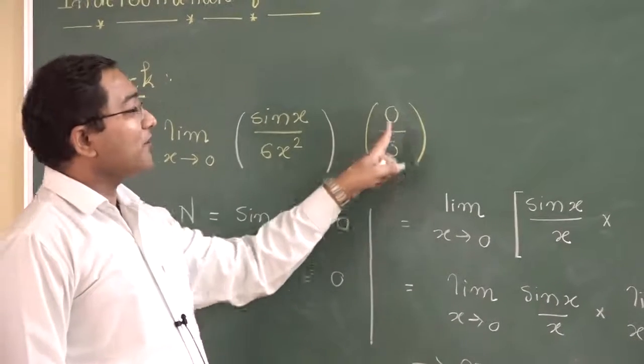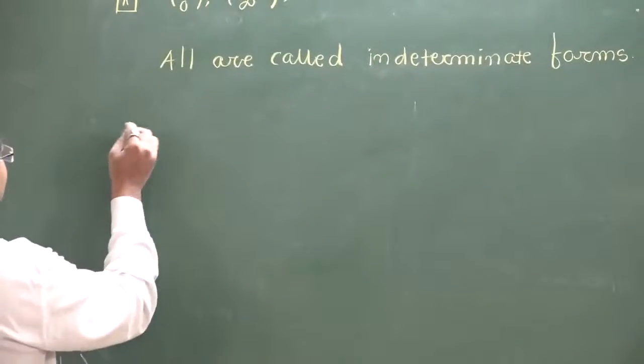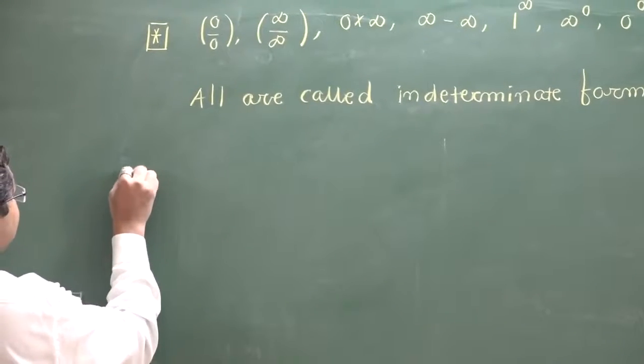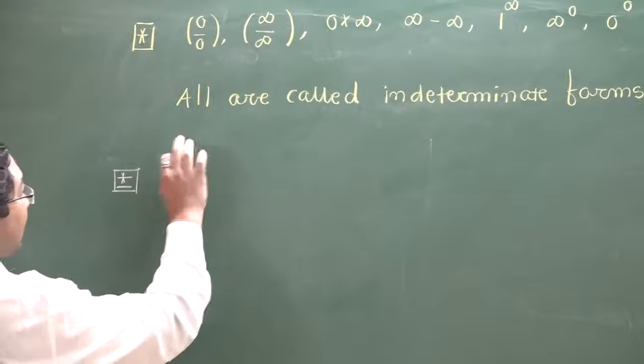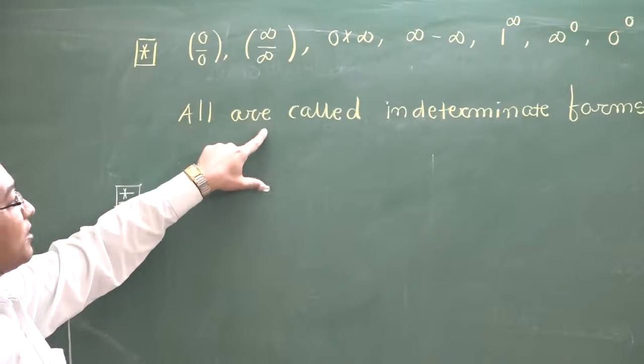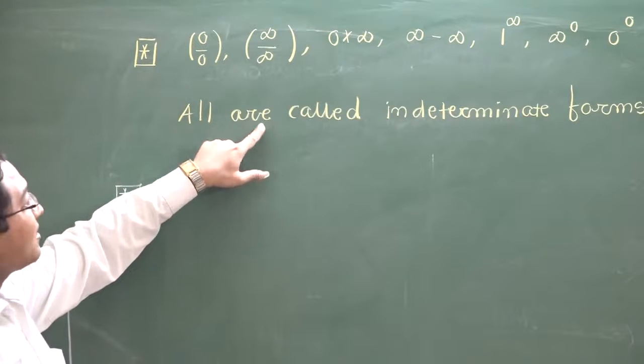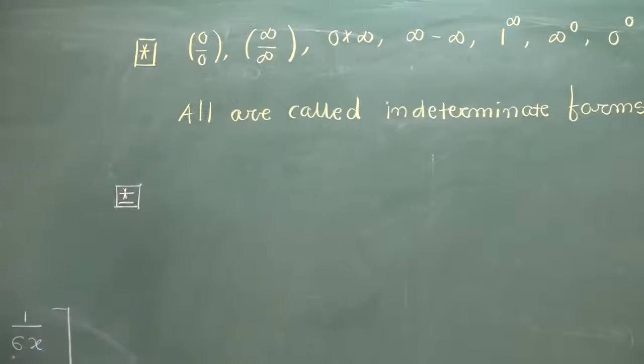So how to evaluate the 0 by 0 form? What is the working rule? The evaluation method of indeterminate forms is also known as the L'Hospital rule. We will discuss further what the L'Hospital rule says.